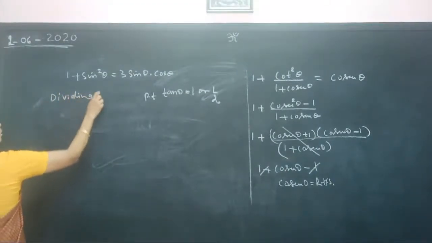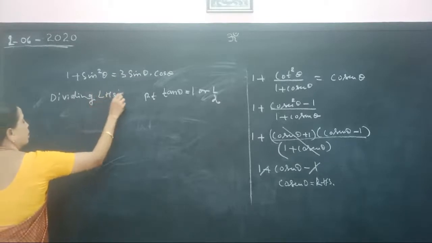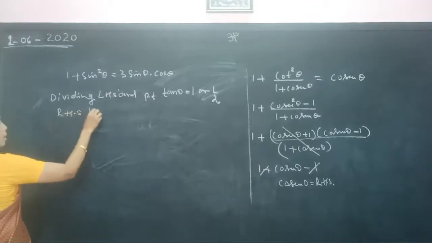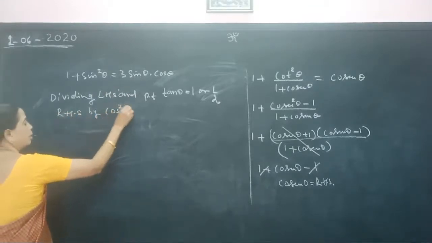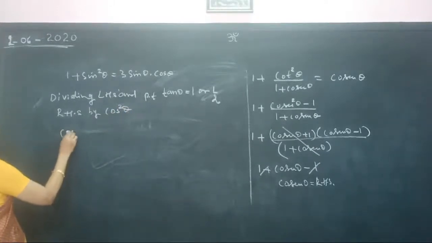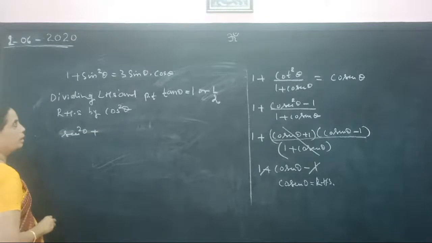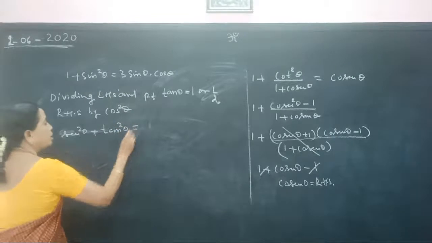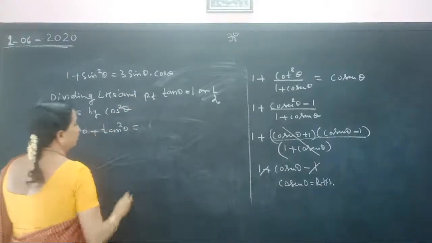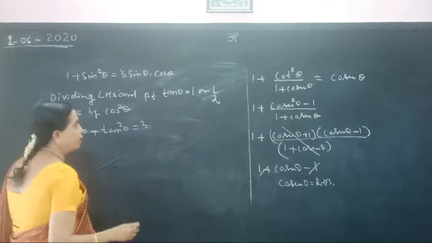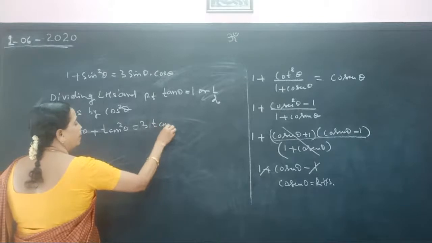Dividing left hand side and right hand side by cos square theta. When I divide 1 upon cos square theta, it becomes secant square theta. Sin square theta plus cos square theta becomes tan square theta equals, if I divide sin theta into cos theta by cos square theta, one cos theta gets cancelled, you get 3 tan theta.